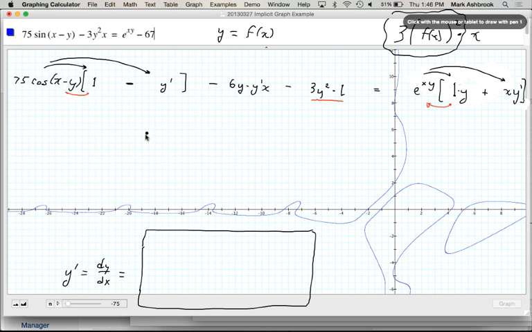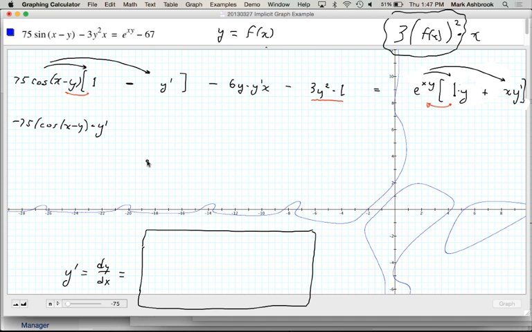All right, so the ones on the left are going to be my ones with y prime. So can I multiply these out and move them at the same time? The first one that's going to stay on the left is going to be negative 75 cosine x minus y times y prime. That's me just distributing that 75 cosine to the y prime.